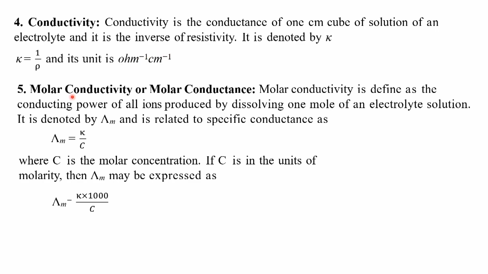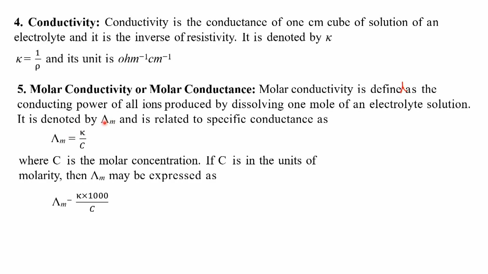Then next we discuss molar conductivity or molar conductance. Molar conductivity is defined as the conducting power of all ions produced by dissolving 1 mole of an electrolyte in solution. It is denoted by lambda m, where m stands for molar.